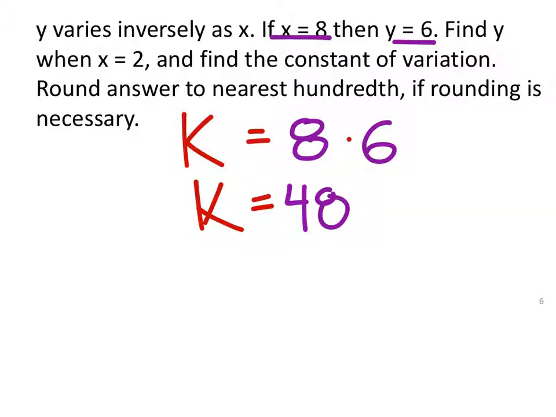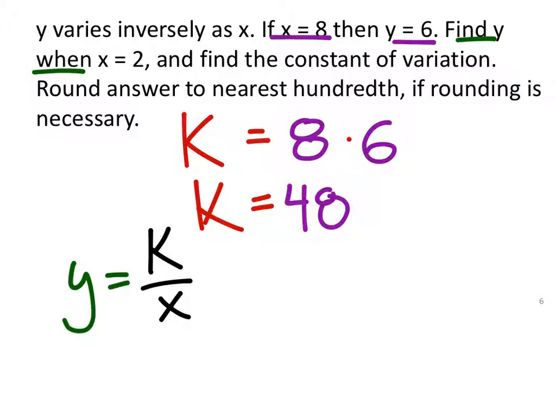Now we can feel good about that, but as long as we don't stop right there, all right? Because then it will make us feel really bad. Here's what we got to do: we got to solve, because it says find the y value. And we saw from that last slide that y is k divided by x, which again is just basic equation manipulation.